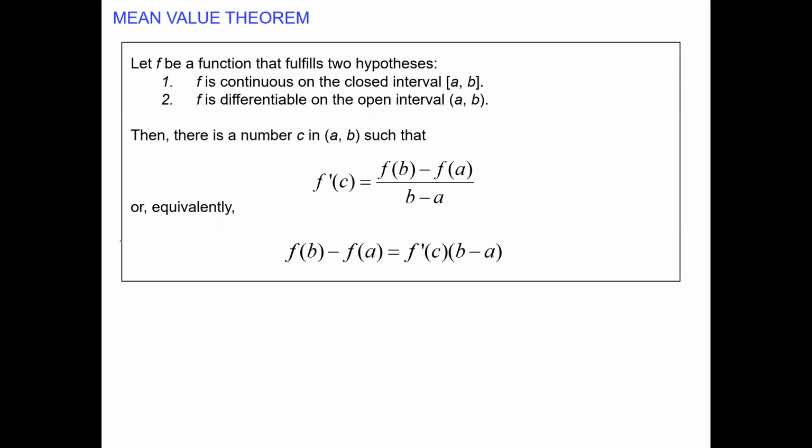Let f be a function that fulfills two hypotheses: f is continuous on the closed interval [a, b], and f is differentiable on (a, b). Then there exists a number c in (a, b) such that the derivative at that c is equal to f of b minus f of a, over b minus a. Or we may have this other form, but I think we will stick to this one.